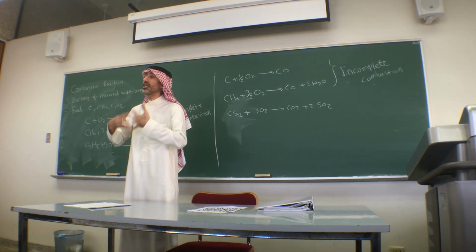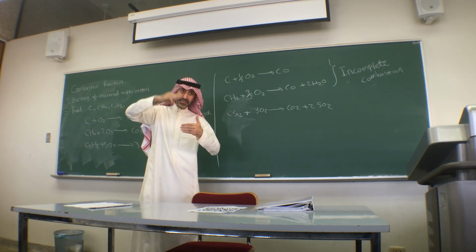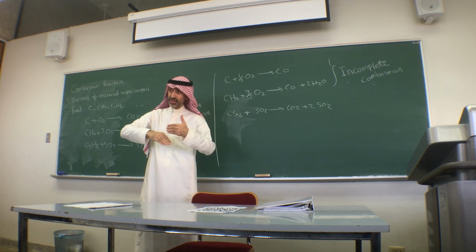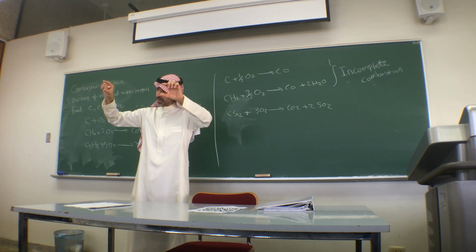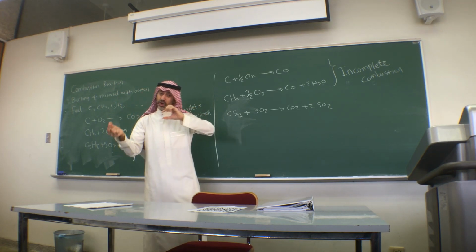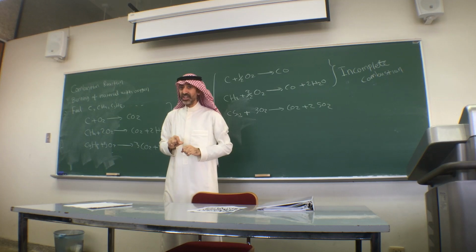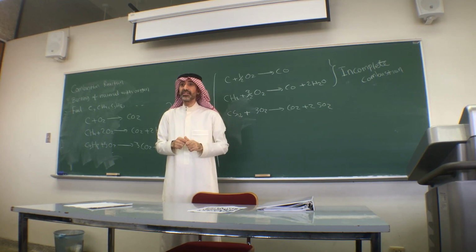But in order to solve, I have to write them as different, individual reactions. Each fuel, I write it alone. And if I have CO and CO2, I write a single reaction for each one. We will see that. Can we get the balanced equation?